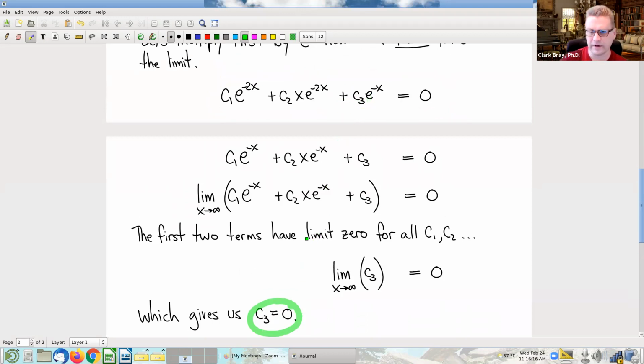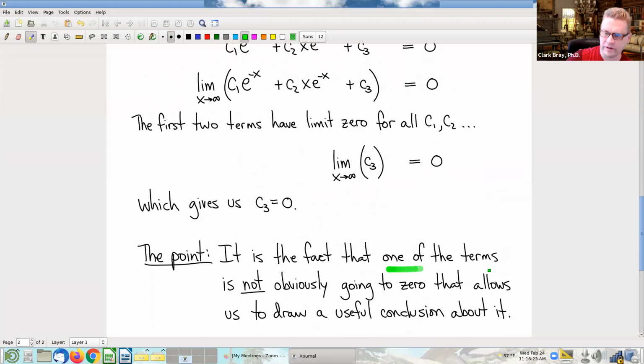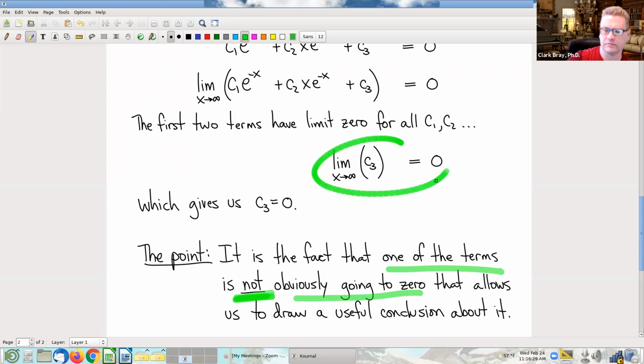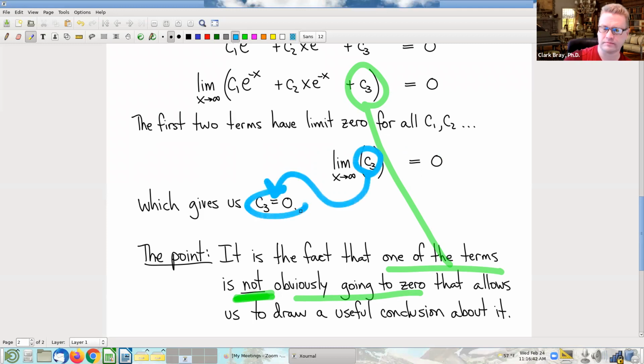As I've been hinting all along, it is the fact that one of the terms is not obviously going to 0, I'll circle it up here, this term, that allows us to draw a conclusion about that coefficient.